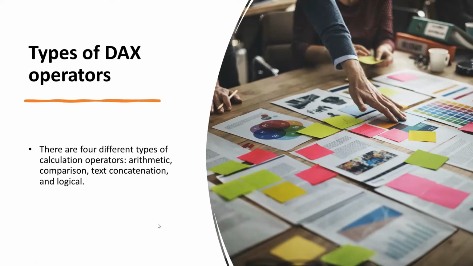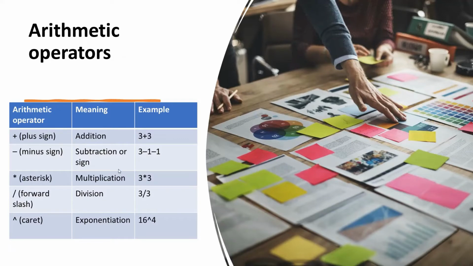So let us deal with them one by one. The arithmetic operators in DAX. There are five major arithmetic operators: the plus sign that is used for addition, the minus sign which is used for subtraction or for giving sign to a particular number.